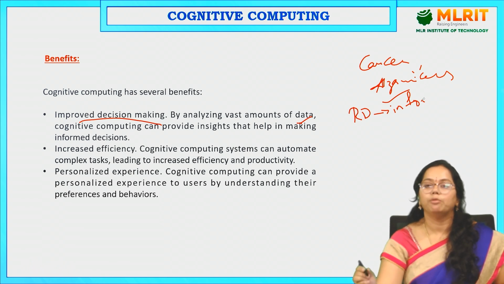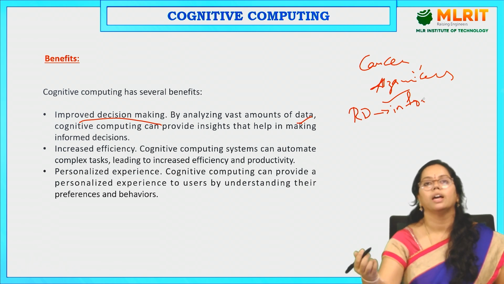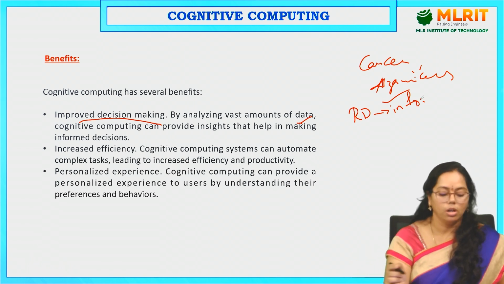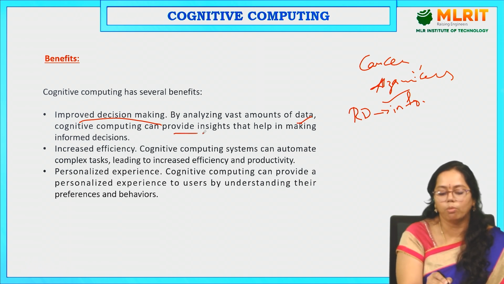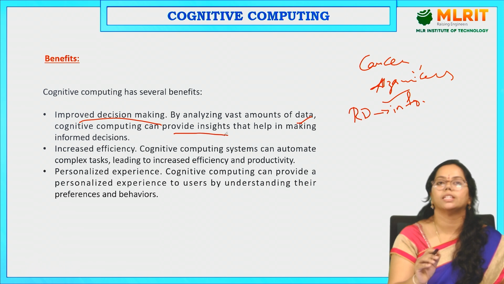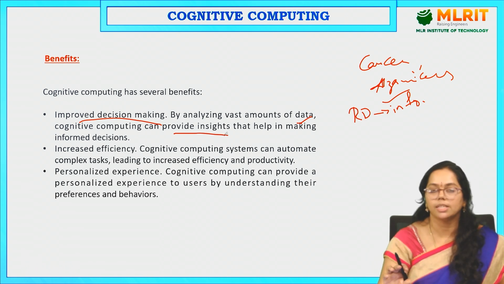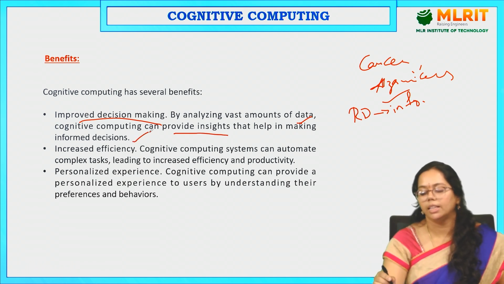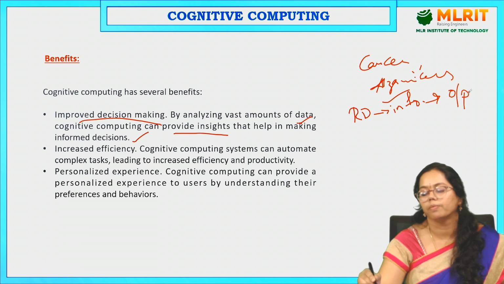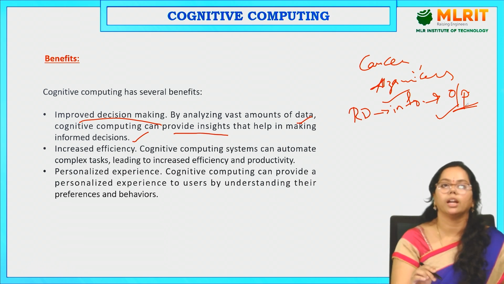Information is very important to perform any sort of action. By analyzing vast amounts of data, cognitive computing can provide insights that help in making informed decisions, and it will give you the relevant output according to the requirement.